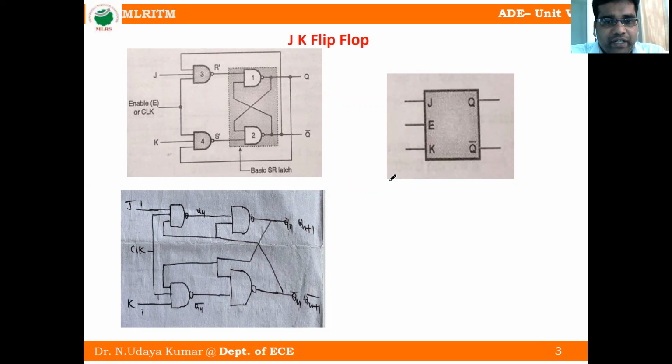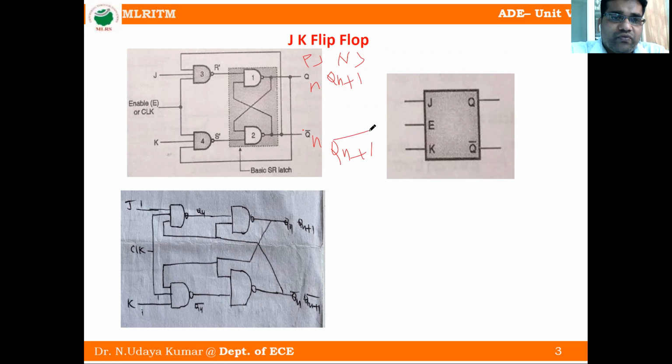This one is Qn and this one is Qn bar, that means it is the present state. What is the next state? The next state is Qn plus 1, and the next state complement is Qn plus 1 whole bar.